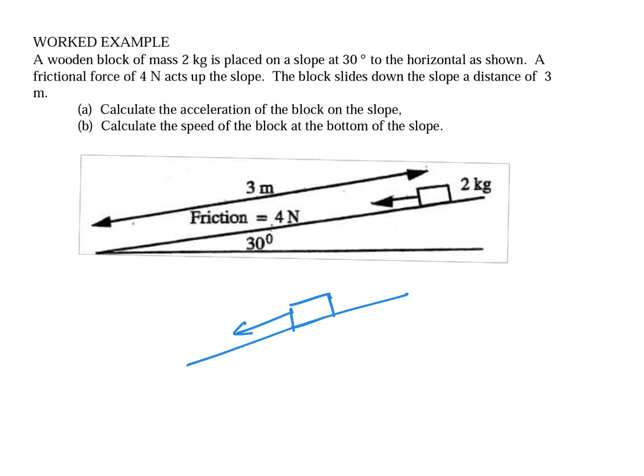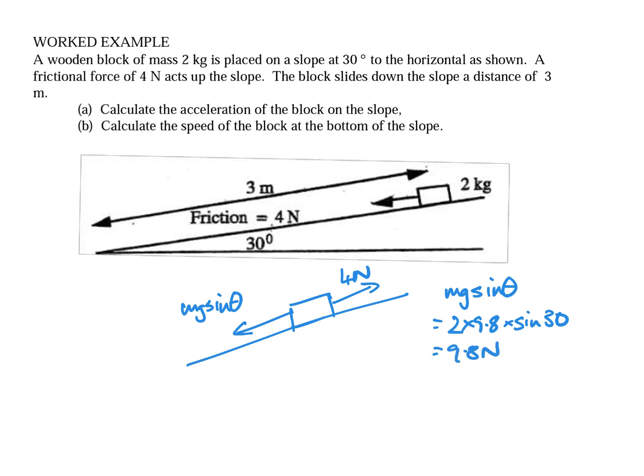We know from what we've just been doing there that the weight down the slope will be mg sine theta, and we know there's a force of 4 newtons acting up the slope. So that's what a free body diagram looks like. We want to work out that mg sine theta before we can go any further. So we've got everything we need for that. It's 2 times 9.8 times sine 30, which is 9.8 newtons.